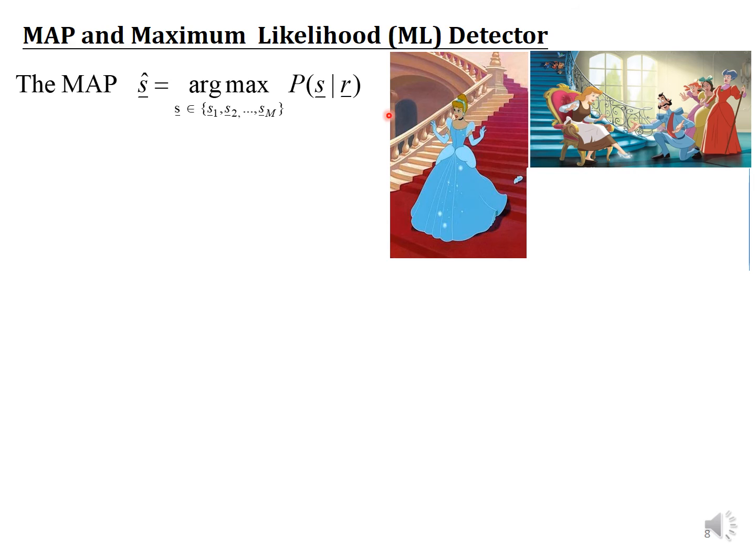The shoe is the received signal that we have, and we try to find who owns the shoe, which candidate has the best fit to our clue.